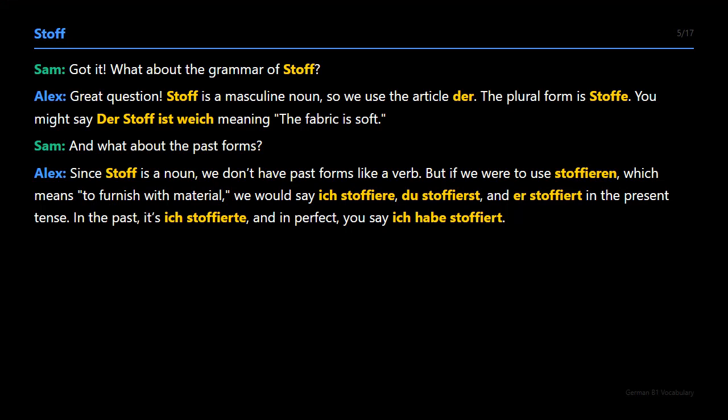And what about the past forms? Since Stoff is a noun, we don't have past forms like a verb. But if we were to use Stoffieren, which means to furnish with material, we would say, Ich stoffiere, Du stoffierst, and Er stoffiert in the present tense.